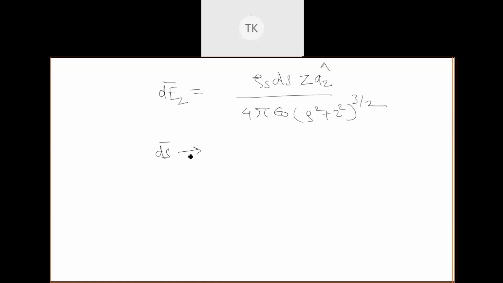If you remember, we have studied differential length, differential surface area, and differential volume in all coordinate systems. In the rectangular coordinate system, the differential lengths are dx, dy, dz, and the differential surface areas are dx into dy, dy into dz, or dz into dx. And the differential volume is the multiplication of the differential lengths, that is dx dy dz.